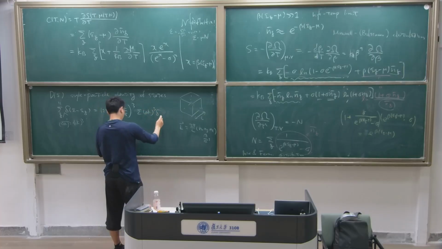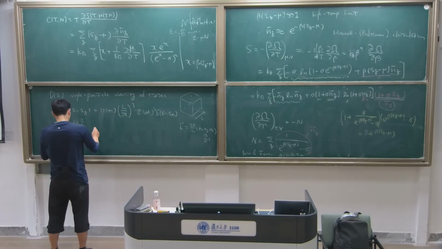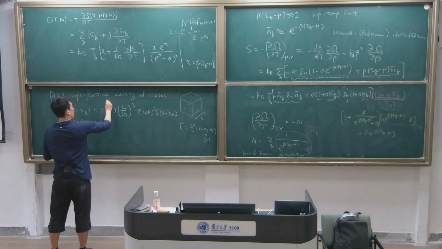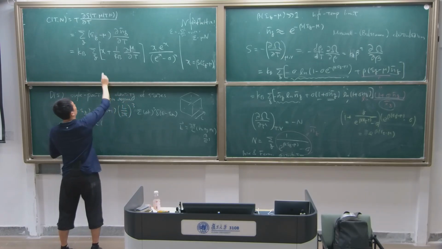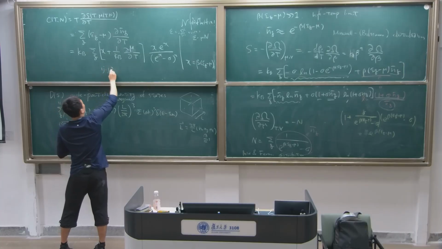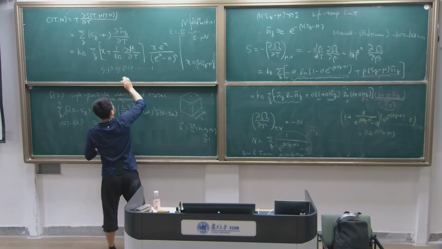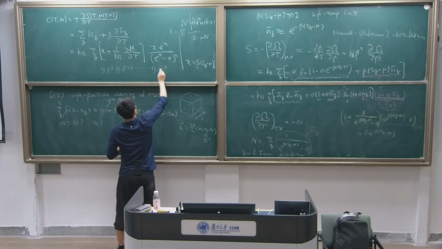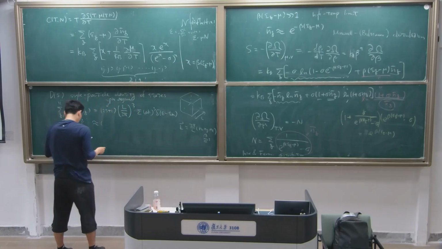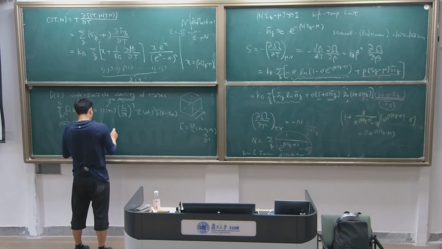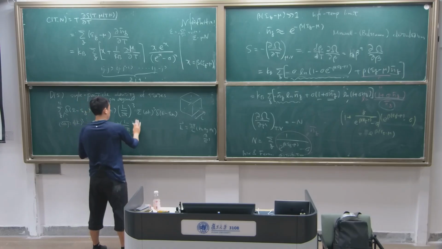Roughly speaking, this is the degeneracy, 2s plus 1, over 2 pi to the d.